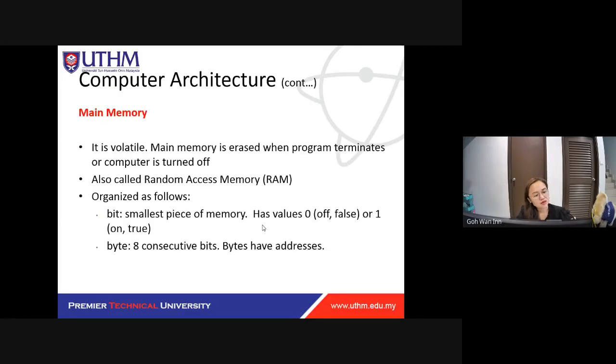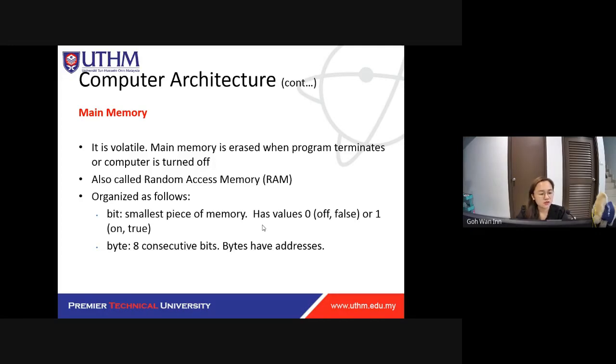The main memory is volatile: it is erased when a program terminates or the computer is turned off. It is also called random access memory. Normally we just call it RAM, but you may not know the proper name: random access memory. It is organized as follows. Bits are the smallest pieces of memory and have values 0 for false and 1 for true.